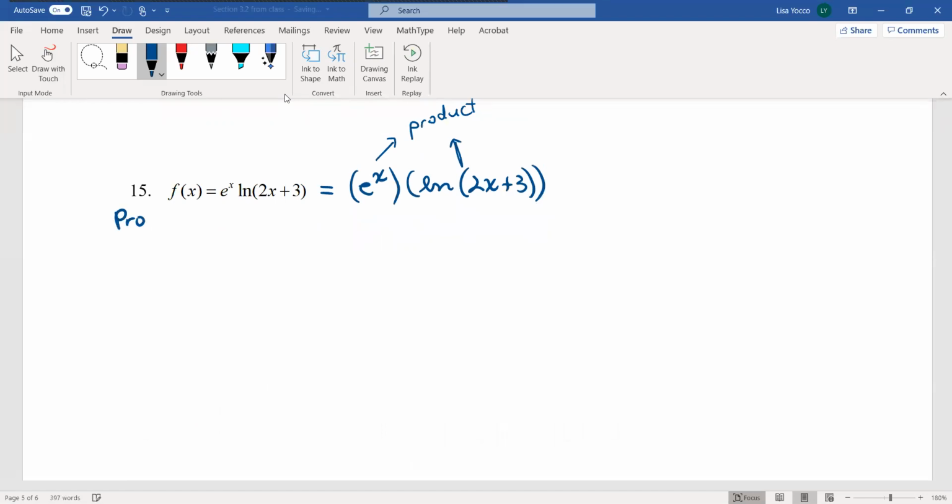Okay, so product rule, I've done that a couple times now in this section for the derivative. Okay, so keep the first function times, I'm going to use this notation, just kind of switch it up a little bit.